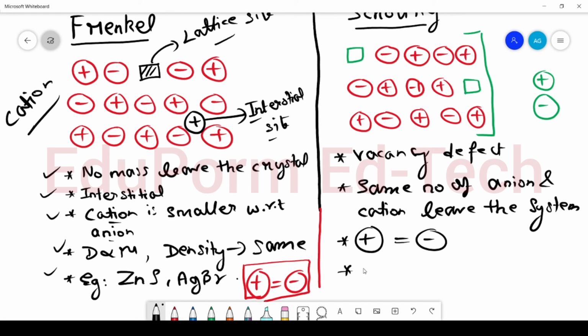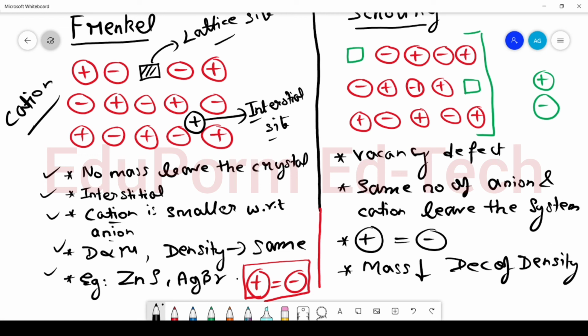And as there is loss of mass, the mass is decreasing, so this defect also results in a decrease of density. So the density will decrease if the crystal shows Schottky defect.